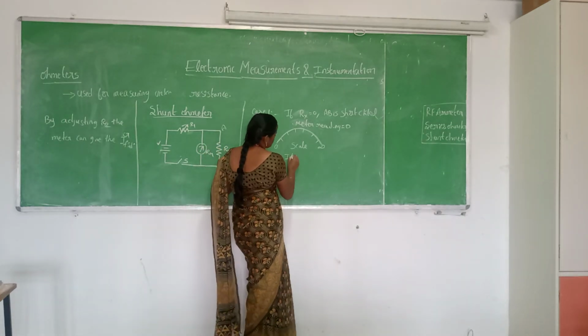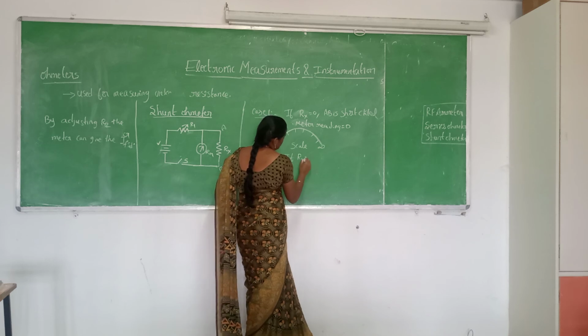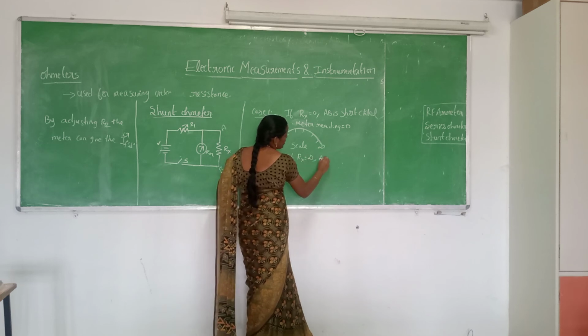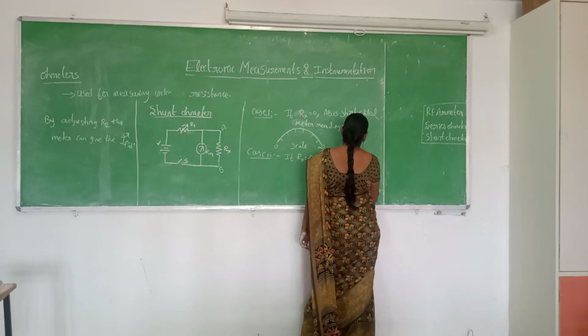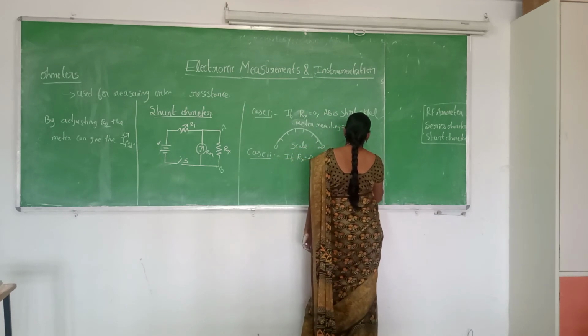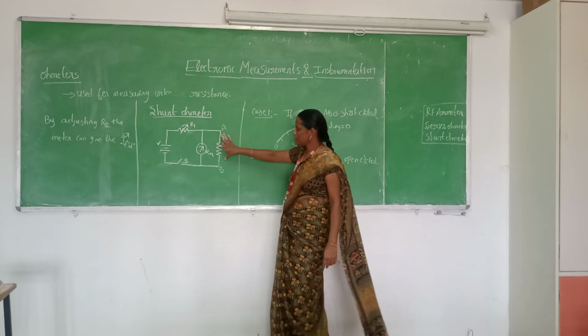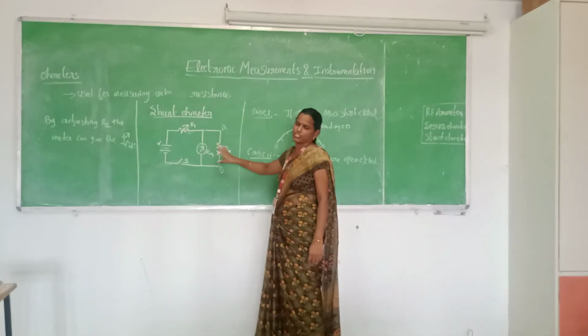If Rx equals infinity, which means AB are open circuited, then the maximum current flows through this meter.